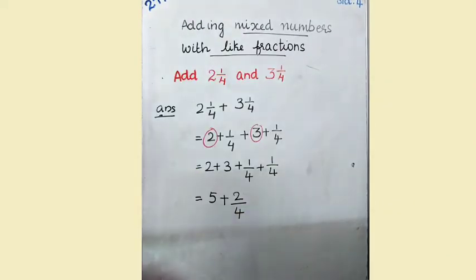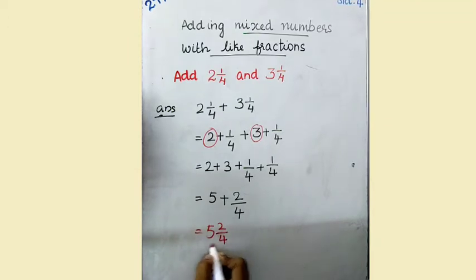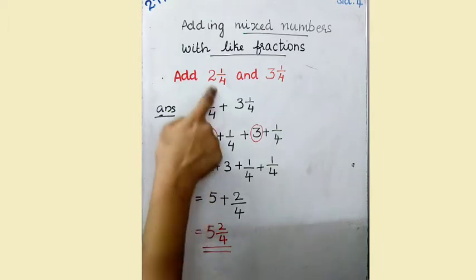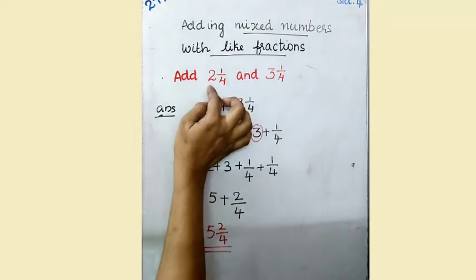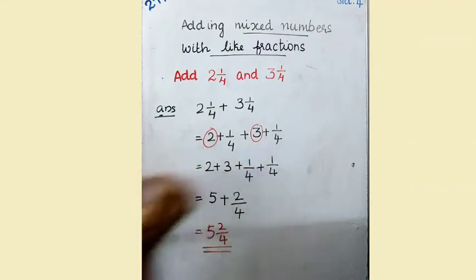This means 5 plus 2 by 4, which is 5 and 2 by 4. Always write like this only. This is a whole number and this is a fraction. So first of all, separate this as 2 plus 1 by 4 and 3 plus 1 by 4. Then add the whole numbers. Then add the like fractions.